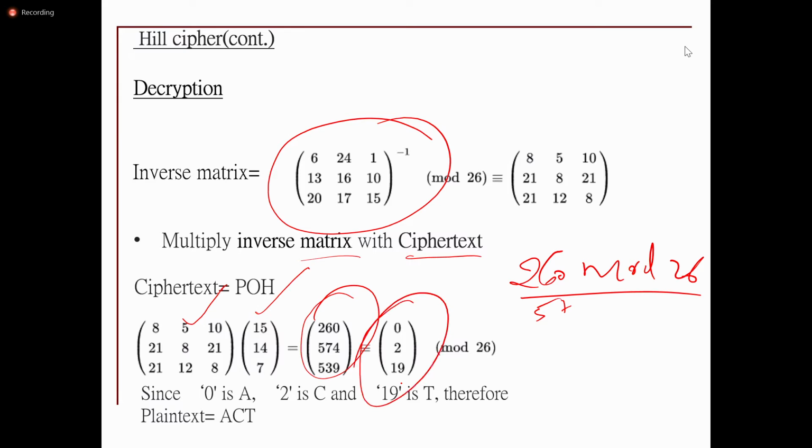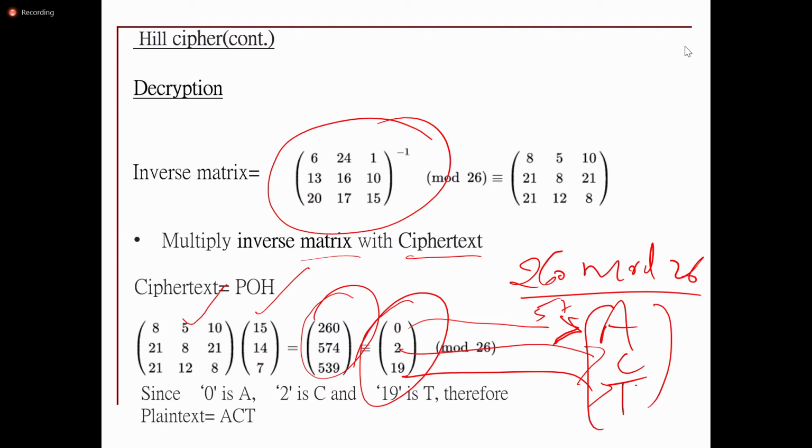So here we'll get the resultant matrix. That resultant matrix represents the plain text. So 0 is nothing but A, 2 is nothing but C, 19 is T. Again, we got the plain text at the receiver side. This is the procedure of the Hill cipher. Understood?